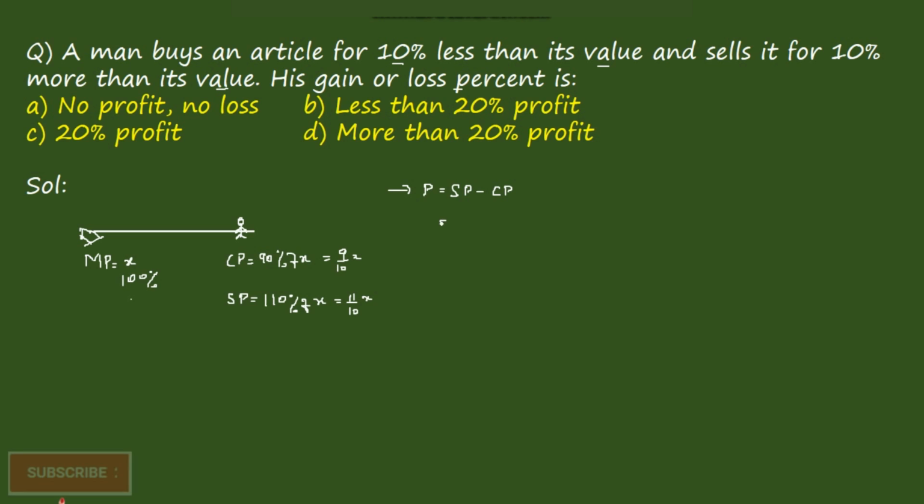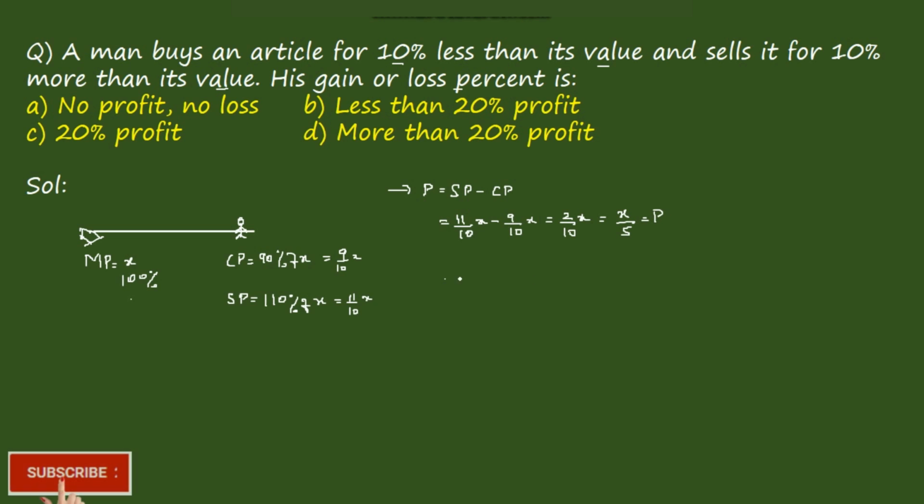So just subtract it, we get 11 by 10X minus 9 by 10X, which is not negative, so it is in a profit. So we get 2 by 10X, which is equal to X by 5, which is in a profit.